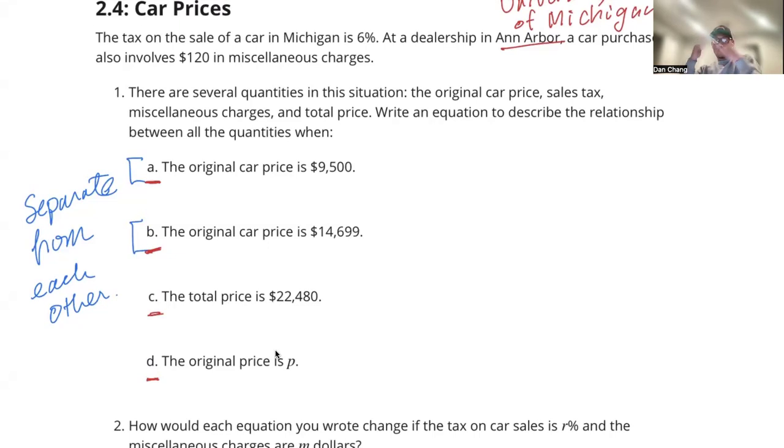Do I put those two together? What do I do? Don't do that. They're separate. They're different. So, let's all use the variable T for total price. They use the variable little p for original price.